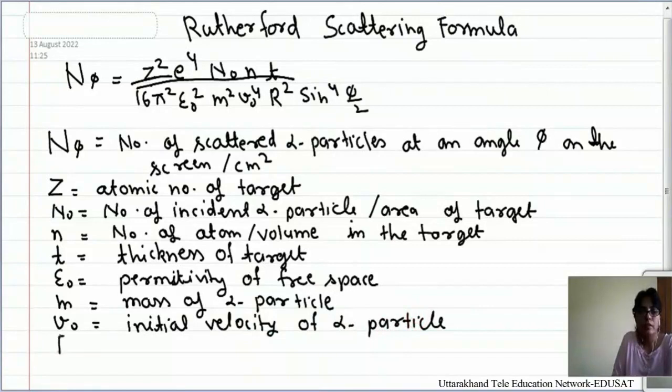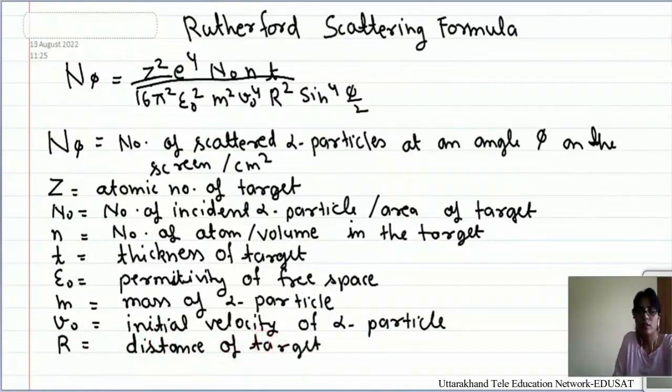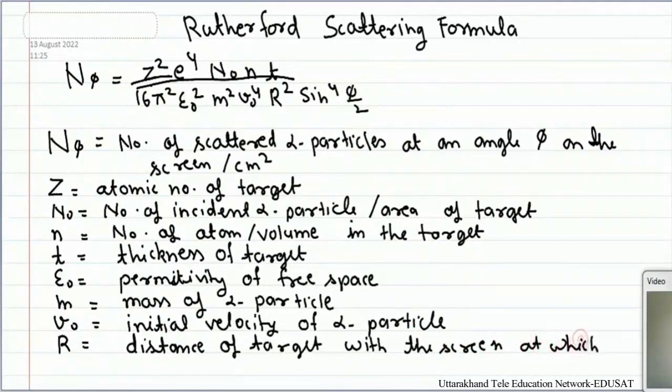Then capital R is the distance of the target from the screen at which the scattered alpha particle hits.